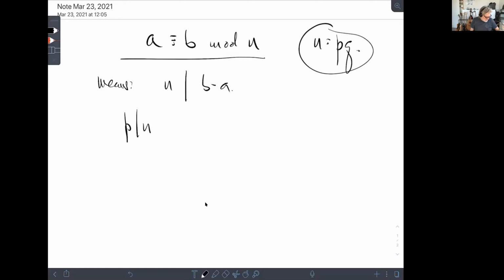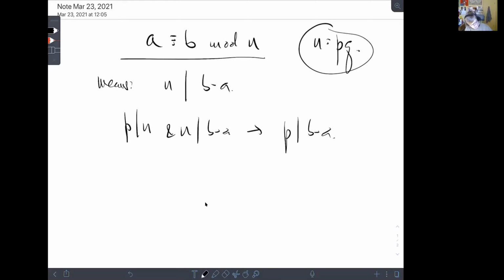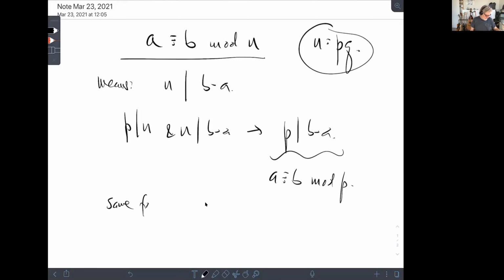So P divides n, which divides B minus A, so P divides B minus A. That's one of the properties we saw earlier. By definition, this means that A is congruent to B mod P also. Same for Q.